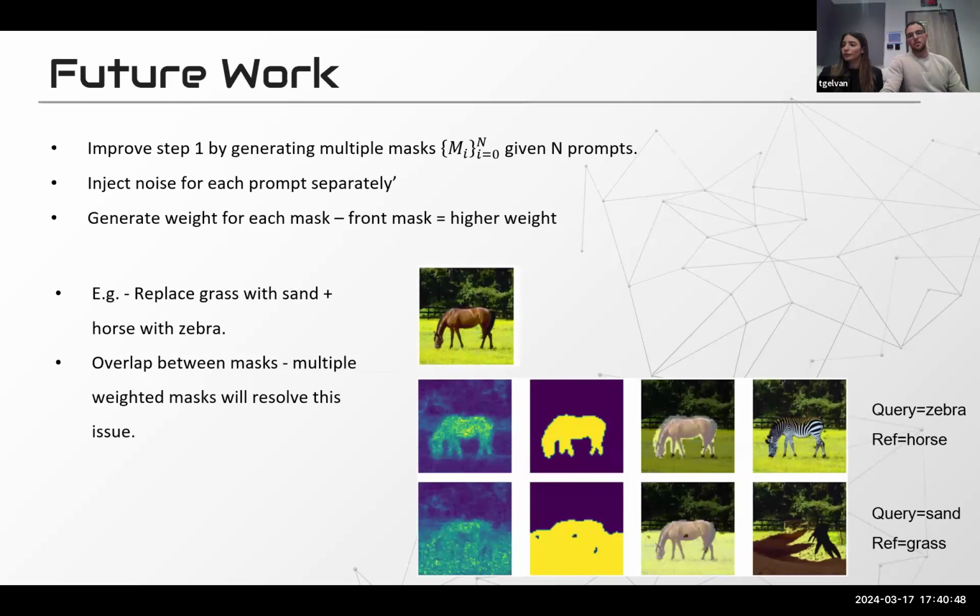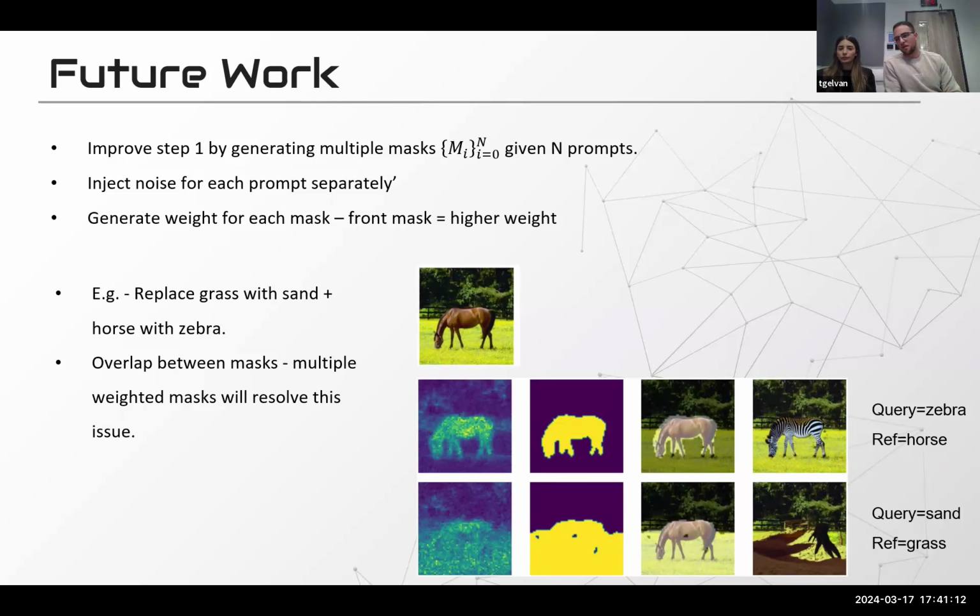So let's talk about some future works. We looked at the model and we tried to think what can be weak spots in the model. So we took the code and we tried to generate multiple masks.